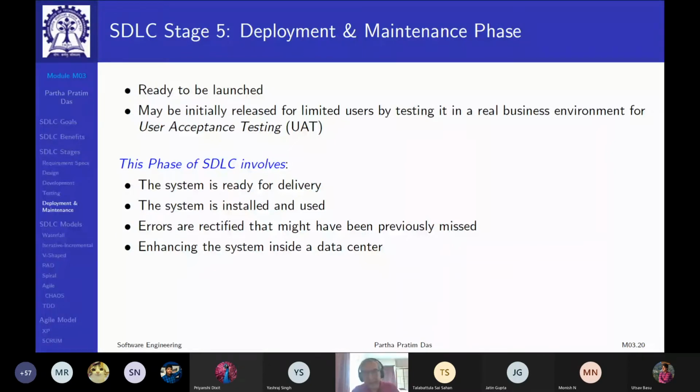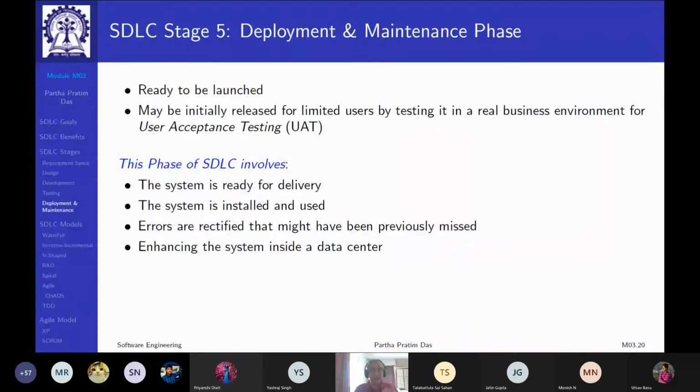You can see that happening in many projects. Several car companies had to recall car models because of a faulty battery, which was igniting the cars when it should not. So this is the importance of the deployment and maintenance phase.